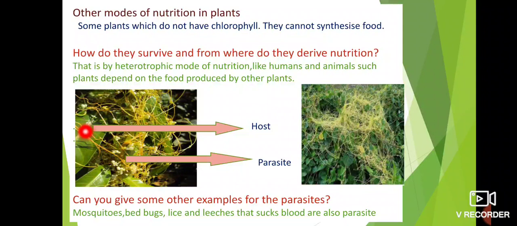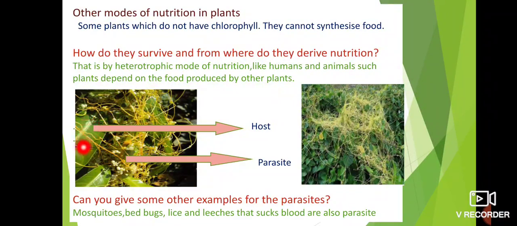This green plant produces food and it provides food to this yellow colored thread like structure spread on this plant. You can observe this green part of a plant provides the food for this yellow thread like structured plant.